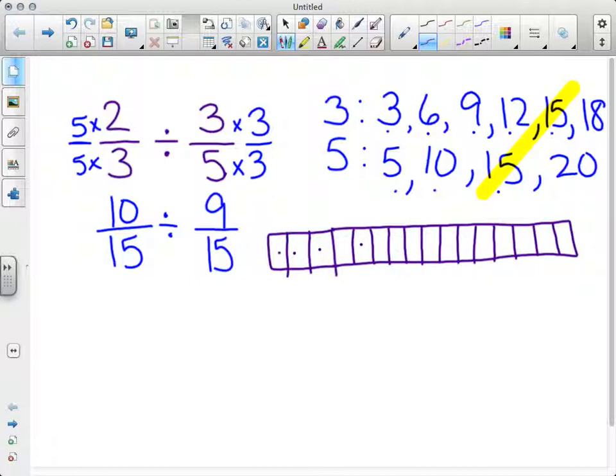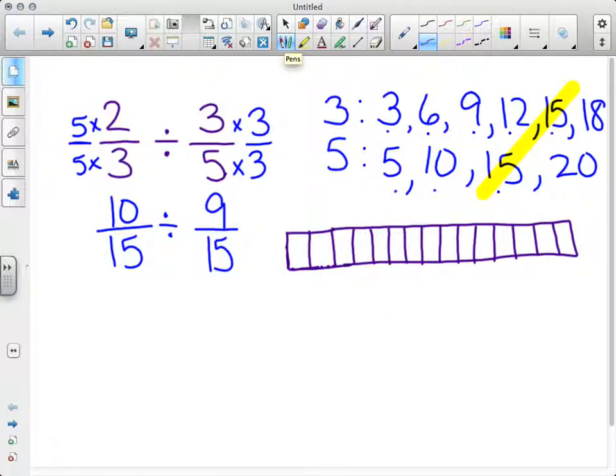Oops. Okay, I have one too many pieces. That's why I always, especially when you're drawing diagrams, just double check and make sure you do your diagram accurately, because if you didn't, it's going to cause you some problems with your calculations.